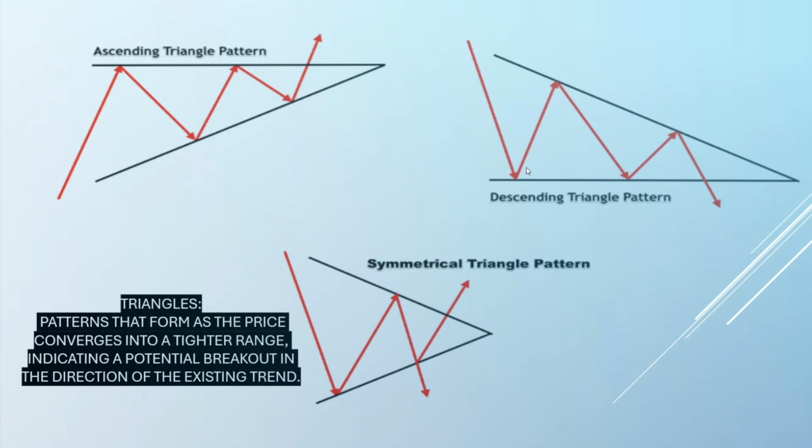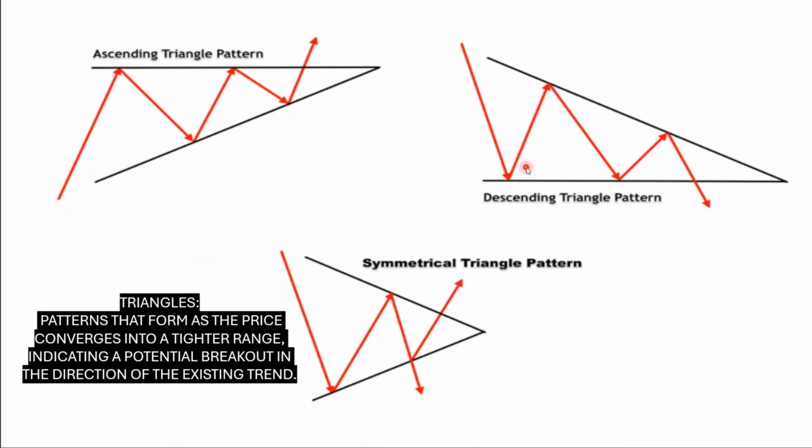We have also the triangle. Triangle is either ascending or descending. So if this is an uptrend, the market was trying to break this point, it couldn't, so it shaped this triangle. When it breaks, we predict it will continue to go up, and we predict that this move up will be as big as this area, this space.